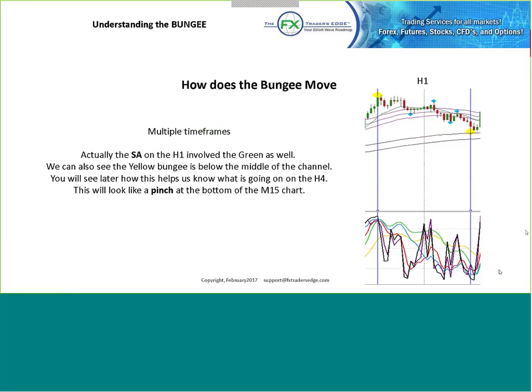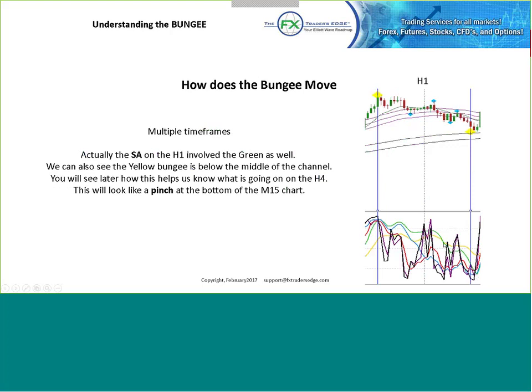These are the two blue vertical lines we had on the 4-hour chart. That's the move. And you can see that on the 1-hour chart, this has affected all the bungee strands up to the green, bringing them all down into the low reversal zone.